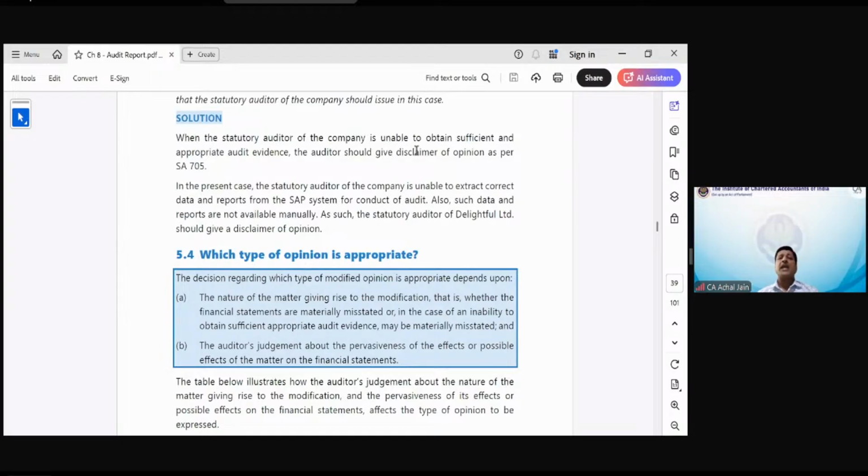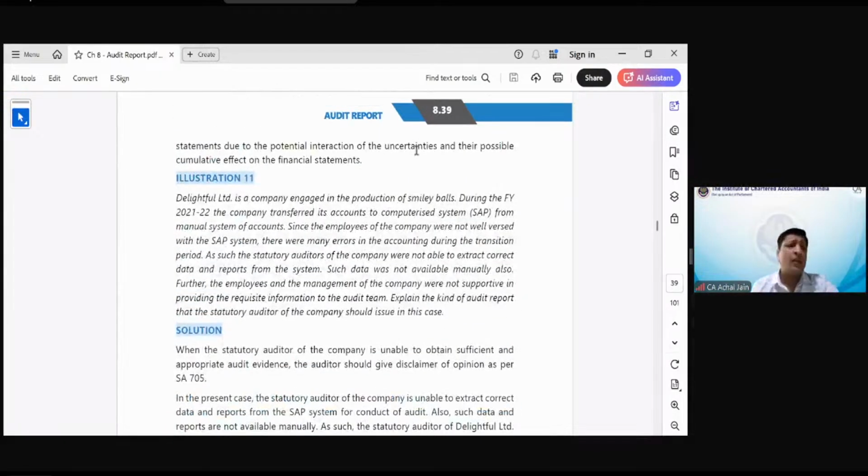Why? Because the data is huge and it's not limited to only one line item. If you look at the fact pattern, what do you find? There are many errors in accounting. So are these limited to any particular area?